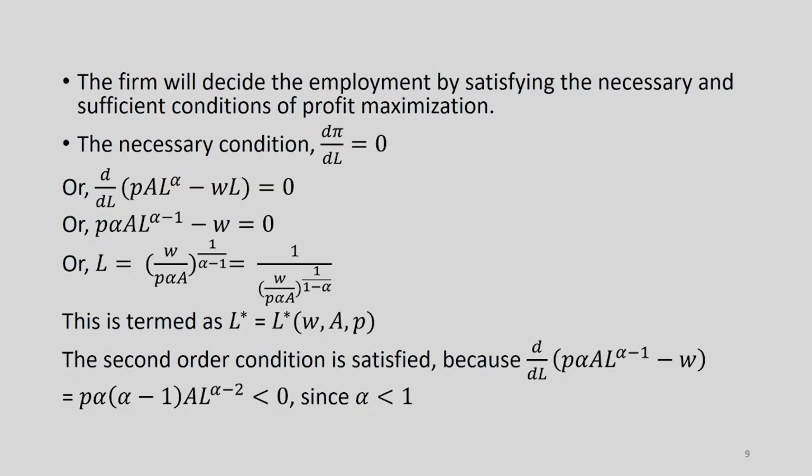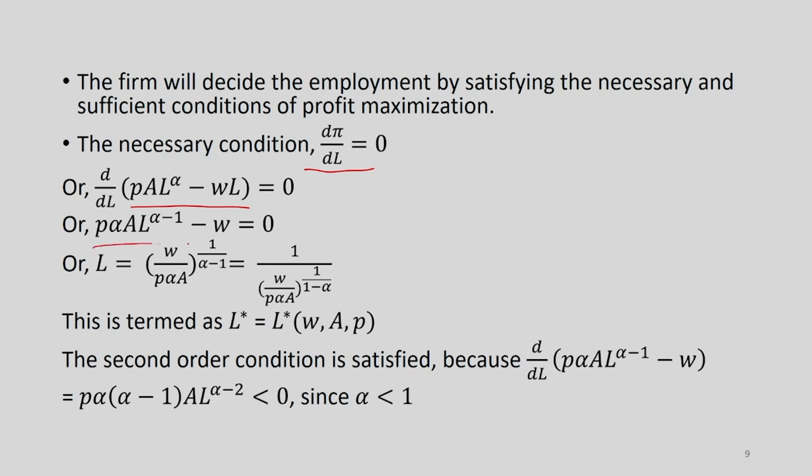The firm will decide the employment by satisfying the necessary and sufficient conditions of profit maximization. This is standard. The necessary condition is dπ/dL = 0. So, π is p multiplied by the production function A L^alpha minus wL.